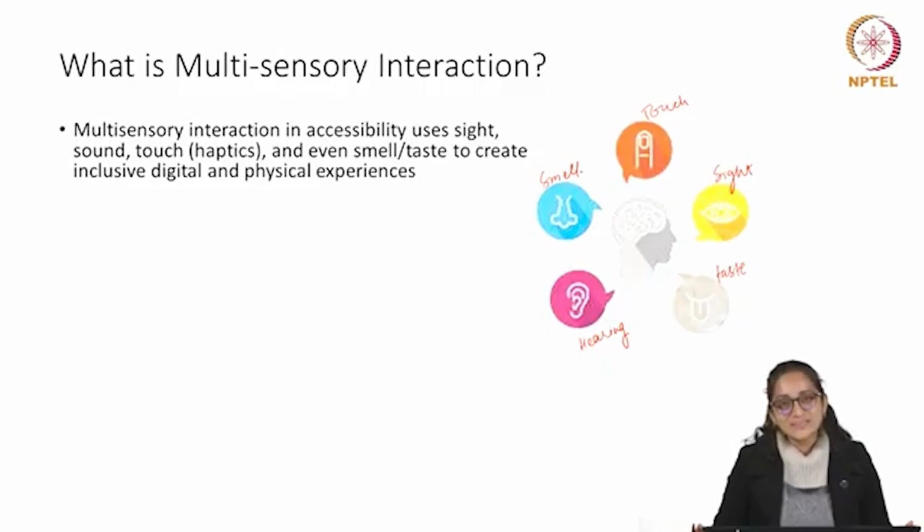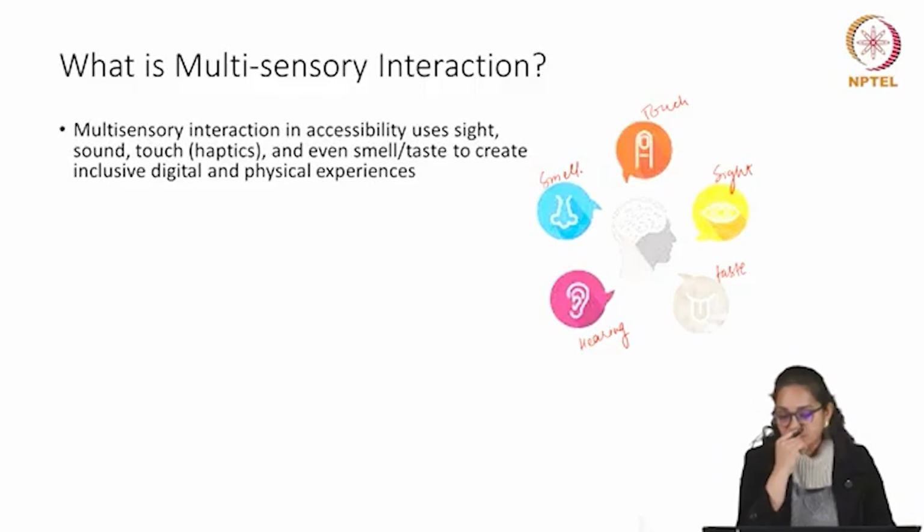And so what we are now talking about in emerging tech and new solutions is catering to all or several of these modalities at once, so that we get not just inclusive solutions.